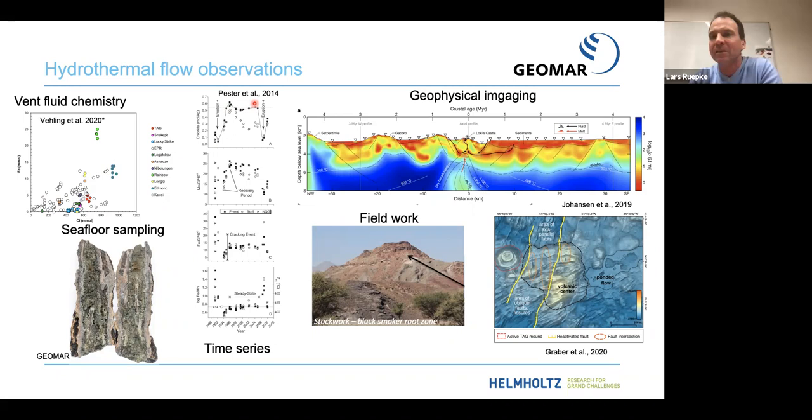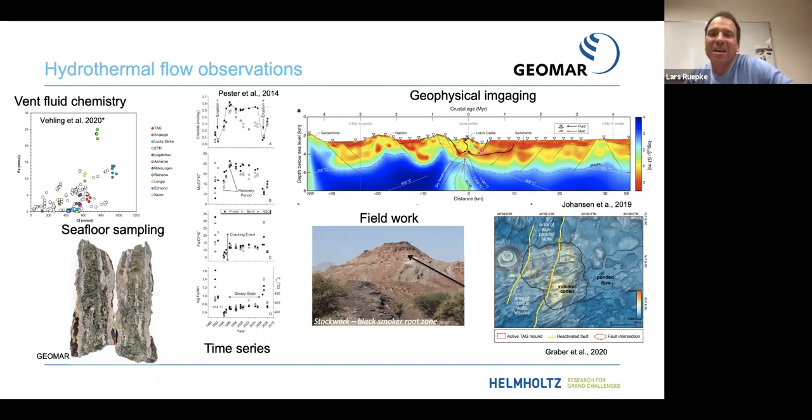There's obviously a lot of geophysical imaging. I don't know if you have seen this cool Nature paper from the Norwegian team, Johansen, from two years back, where they imaged the structure of the Mohns Ridge beneath Loki's Castle, which gives an idea of the inner workings of these slow spreading ridges.